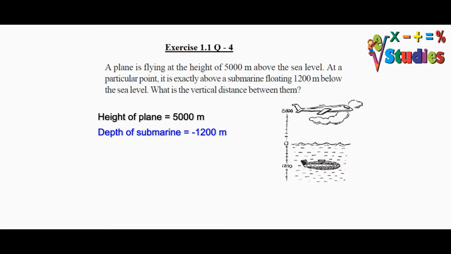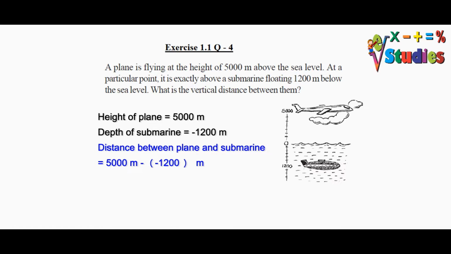Therefore, the height is considered positive and the depth is considered negative, so the height of the plane is positive 5,000 and the depth of the submarine is negative 1200 meters. So the distance between the plane and the submarine would be 5,000 meters minus negative 1200 meters.